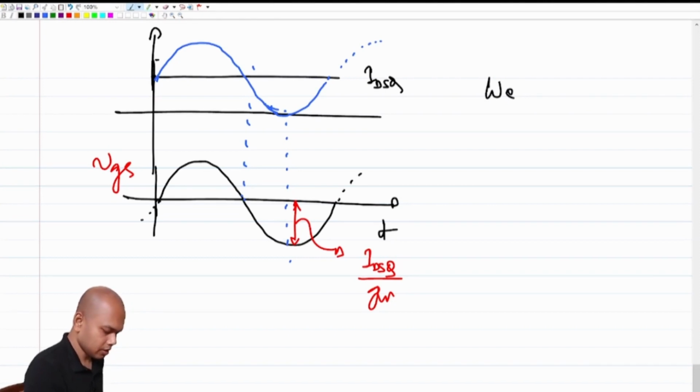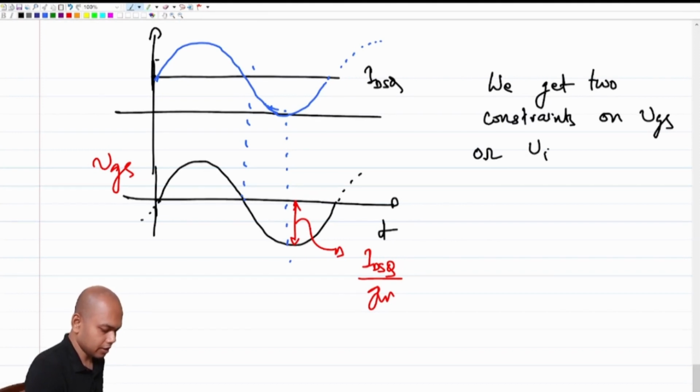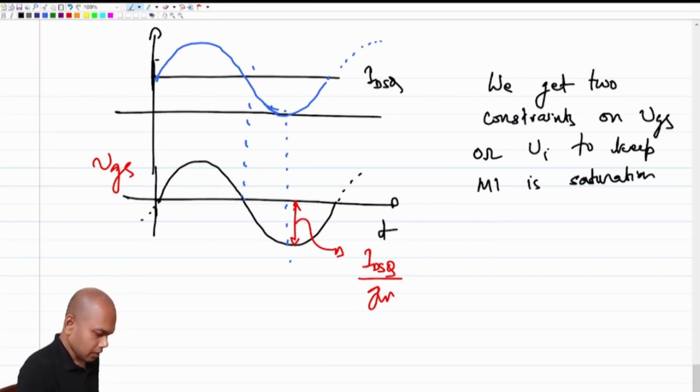To summarize, we get two constraints on VGS, or VI in this case, to keep M1 in saturation and away from cutoff.